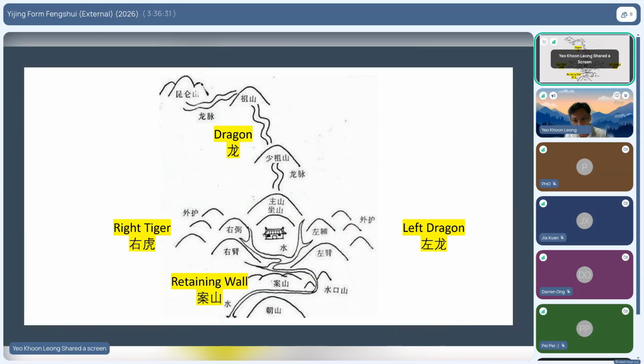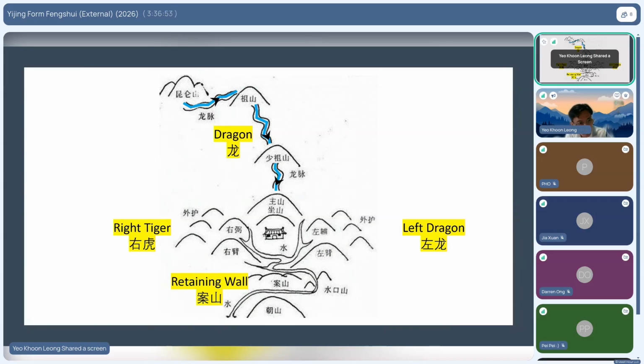Okay, so let's revisit this ancient drawing again. I want you to visualize this clearly. What I'm trying to do now is to connect all the 5 nodes together one more time. Step 1, back dragon, the Lai Long.